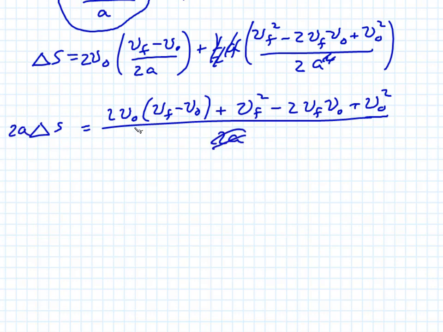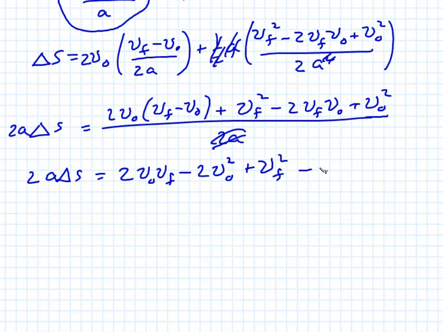Okay, and let's simplify again. So 2a delta S is equal to 2 V naught Vf minus 2 V naught squared, plus Vf squared, minus 2 V naught Vf.